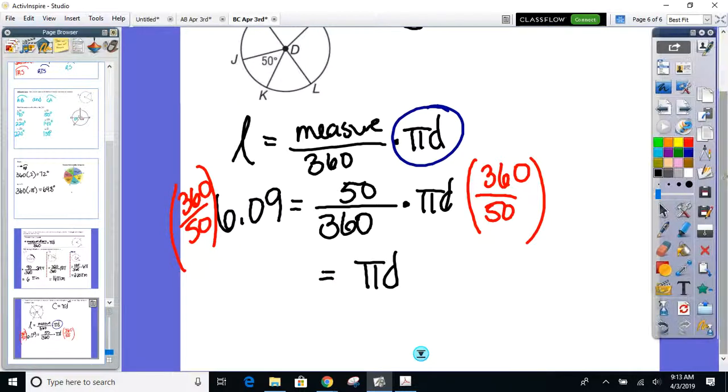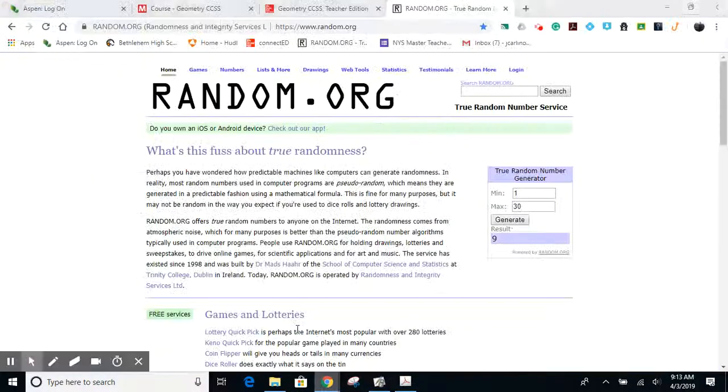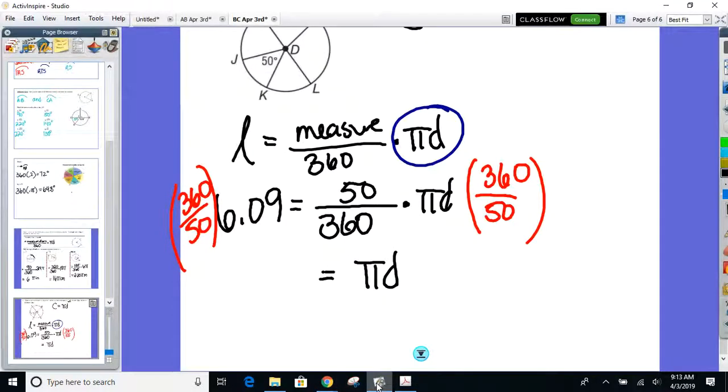And I believe I gave rounding directions up there. Nearest 10th, thank you. Okay, so nearest 10th here. 43.8 units, yep, inches.